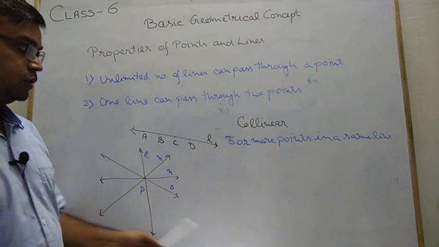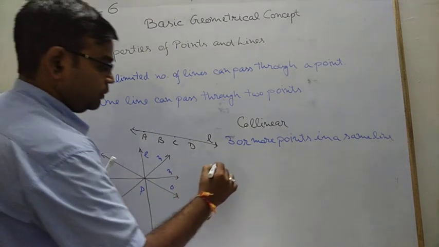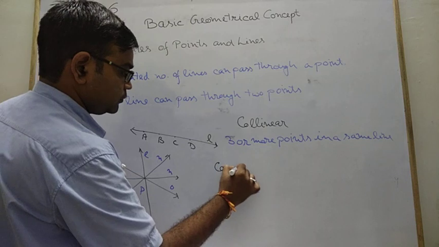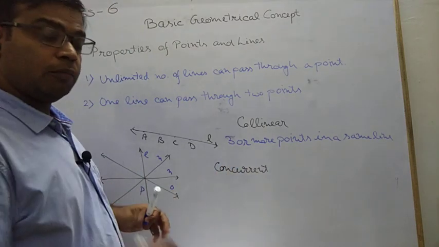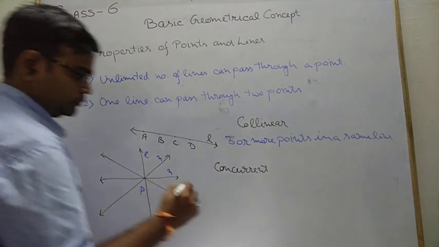So in this case, what is the meaning of concurrent? Three or more lines intersect each other.